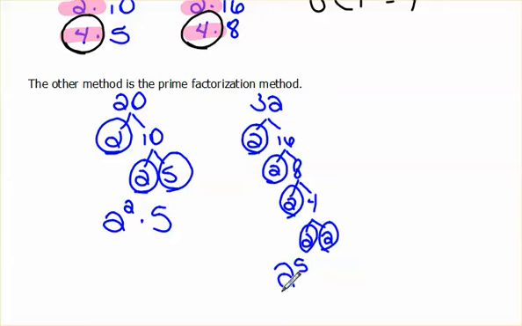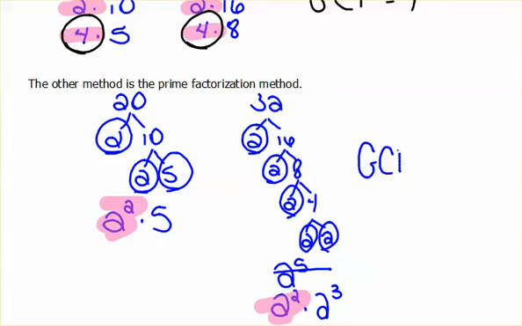So isn't 2 to the 5th the same thing as saying 2 squared times 2 cubed? Yes. So they actually have a 2 squared in common. So you're looking to see what they have in common. So in this case then, the GCF would equal 2 squared, which is 4. So we got the same thing no matter which way we looked at it.